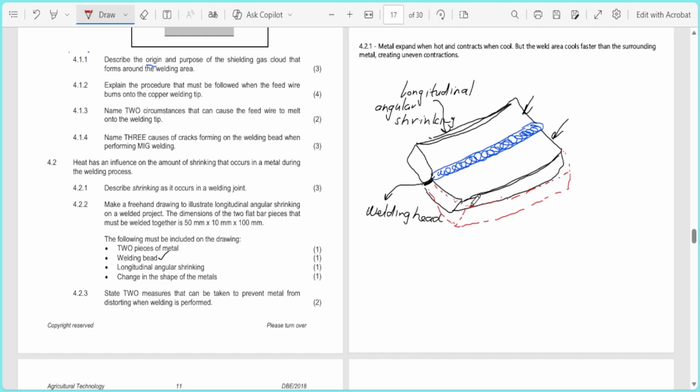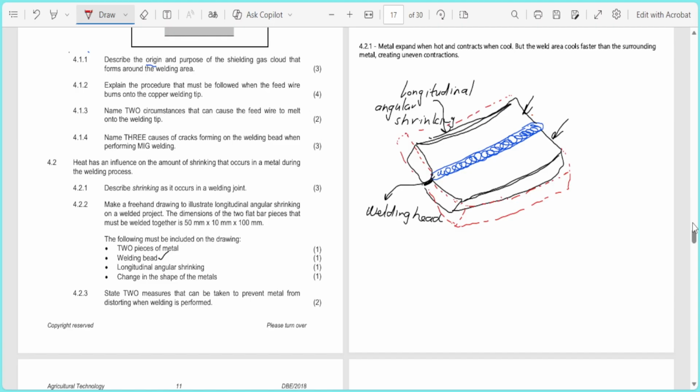Now that it's welded, it's gonna look like that black sketch that I prepared. So this is how far I can go, guys, but it's still a pretty good sketch, I hope. They are not looking for something amazing, just something that gets the point across.